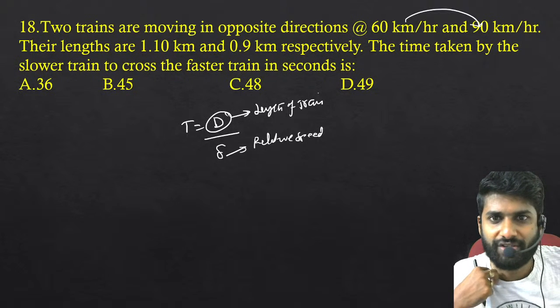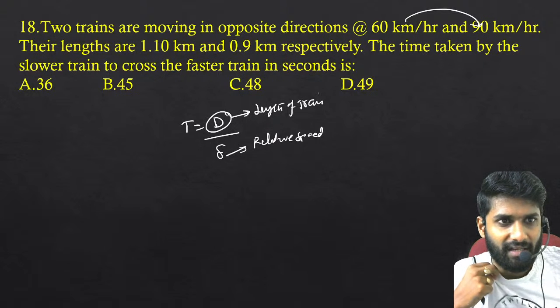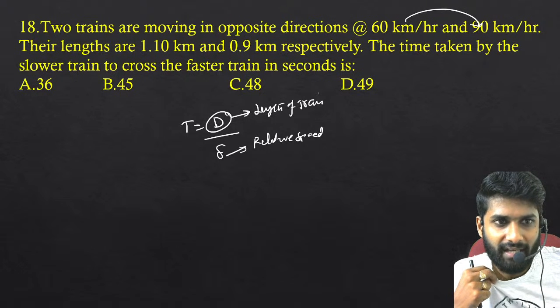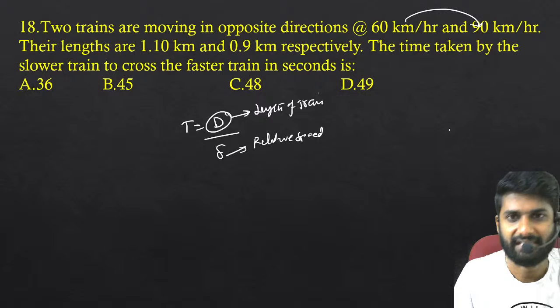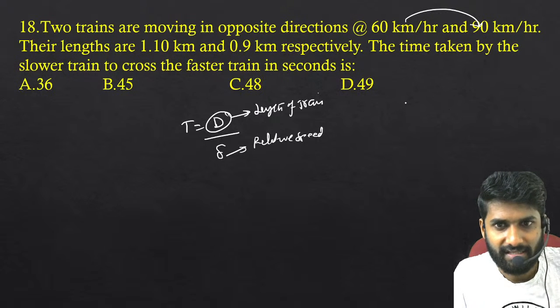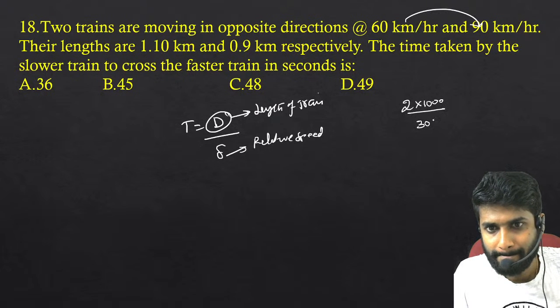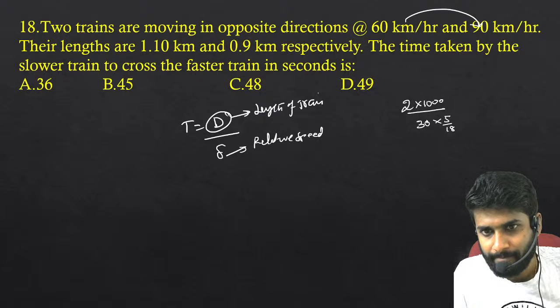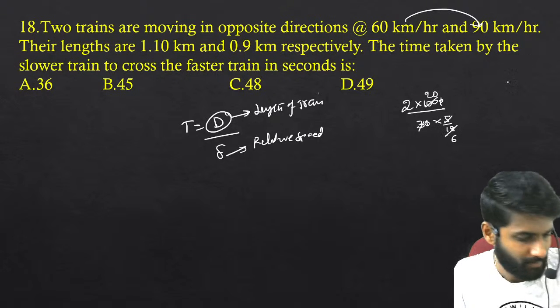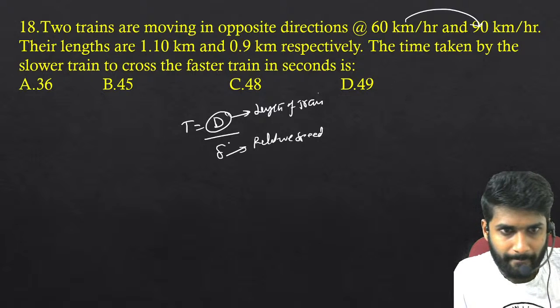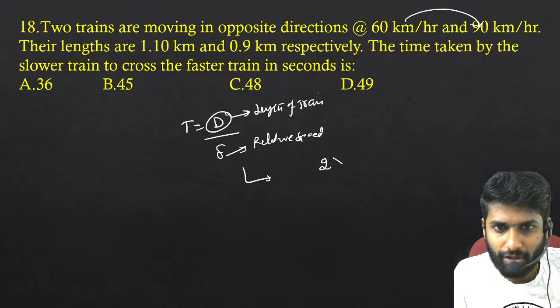Two trains are moving in opposite directions at 60 and 90 kilometers per hour, and their lengths are 1.1 kilometers and 0.9 kilometers. What is the time taken by the slower train to cross the faster train in seconds? Here the distance is 2 into 1000.